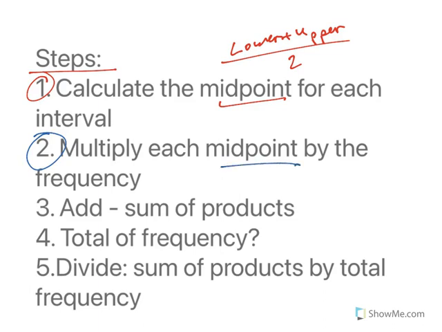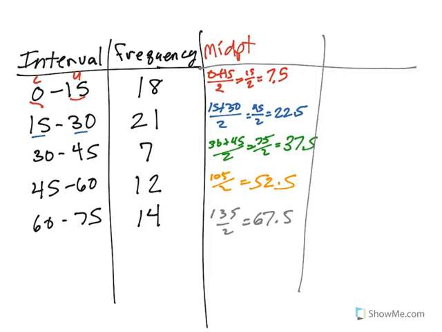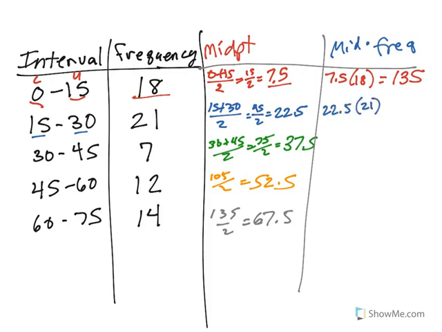We want to multiply each midpoint by the frequency. So for the first one, this is midpoint times the frequency. So I'm going to take 7.5 times 18, and I get 135. For the next one, 22.5 times 21.